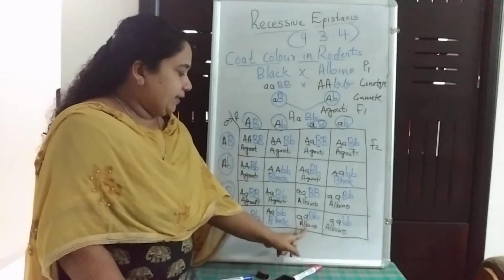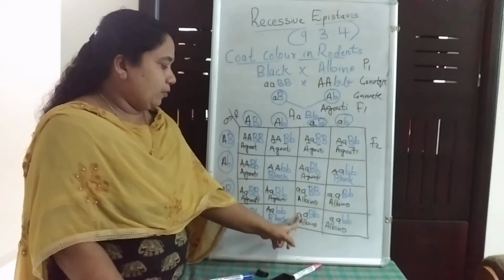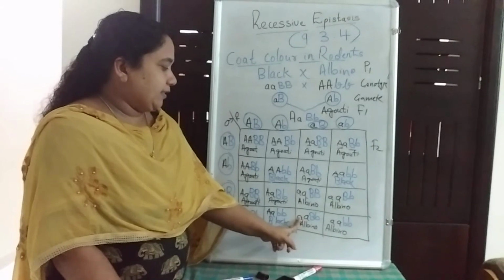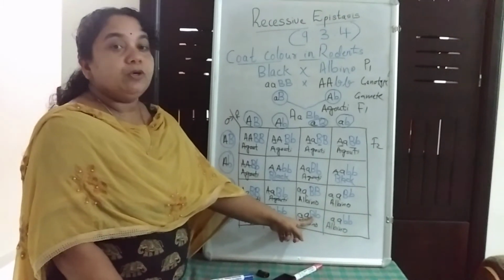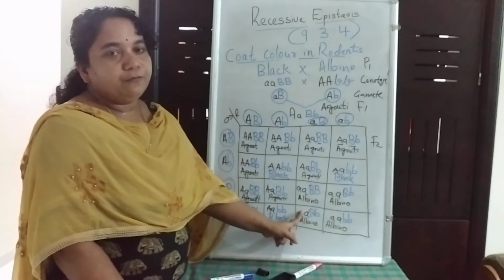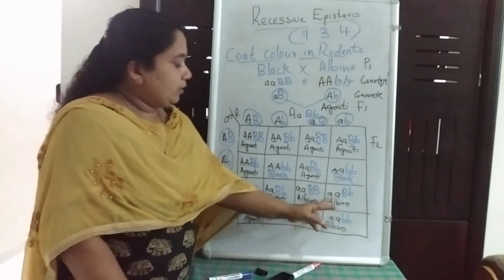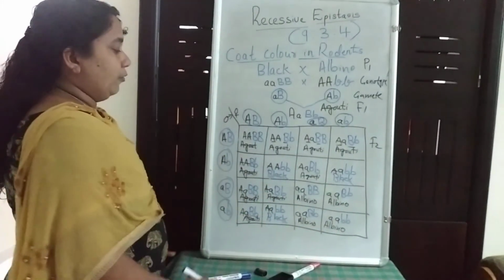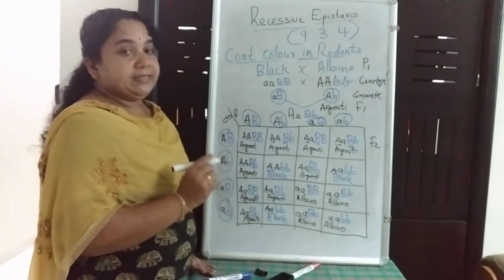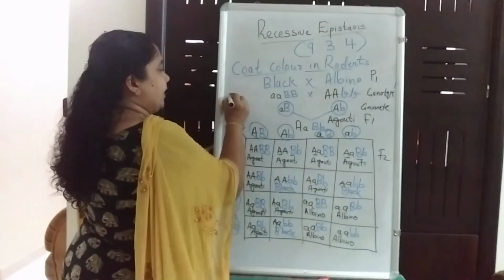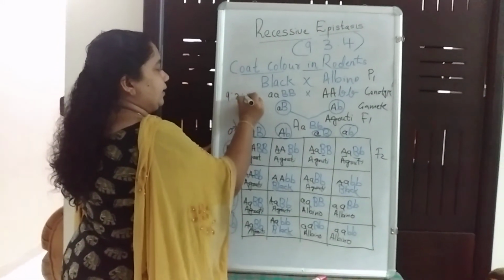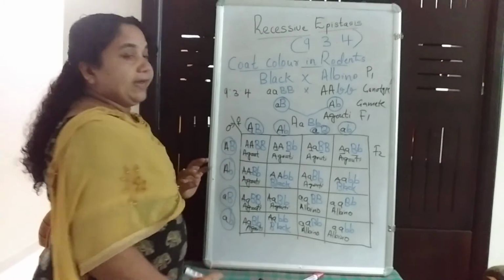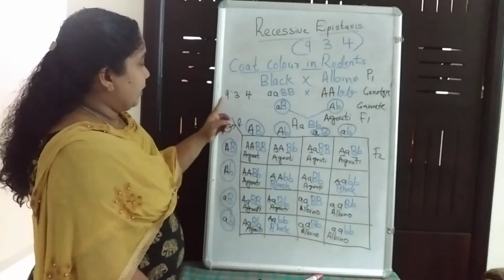If small a is there, what will be the condition? It has a control to suppress the effect of another gene. So this is the condition for writing the ratio 9:3:4. We can write it as 9:3:4.